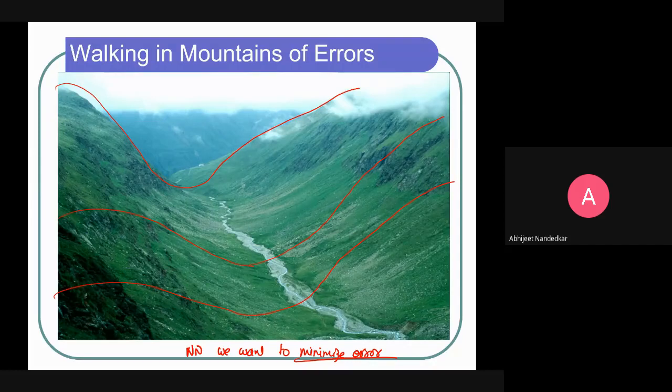So there is a mountain. So error here is highest, and here is low, or minima. Now when you stand, suppose at this point, and take the gradient of error, obviously it will point towards maxima, because this is maxima.